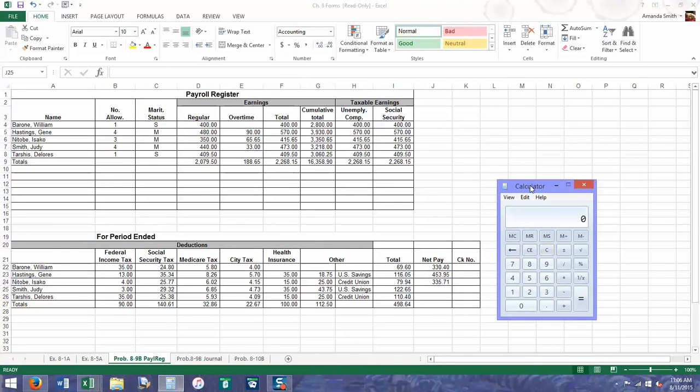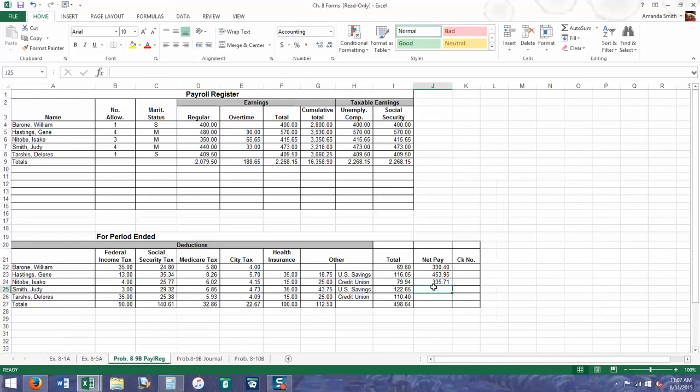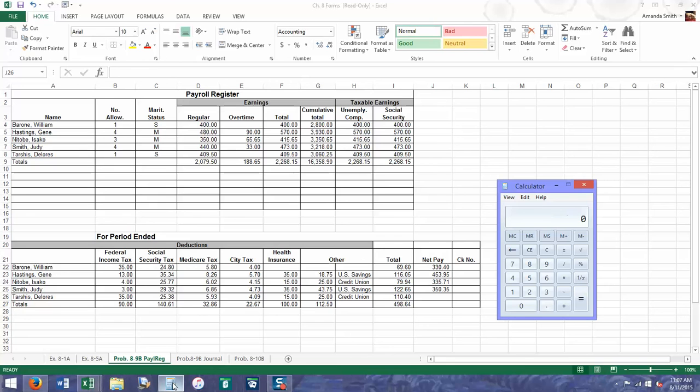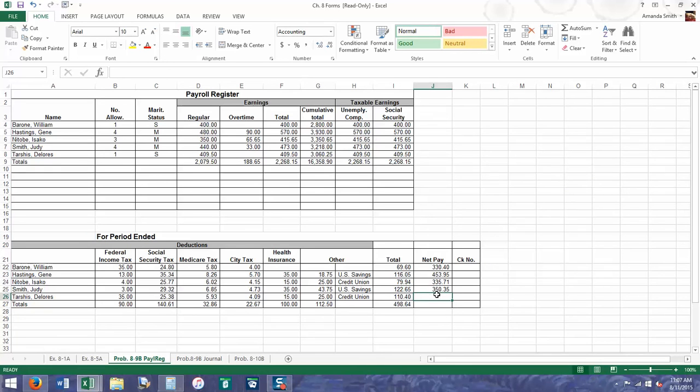I would manually check it just to make sure you entered everything correctly. So 473 minus 122, $350.35. And then the last one that we have to calculate, $409.50 minus $110.40 gives us $299.10.